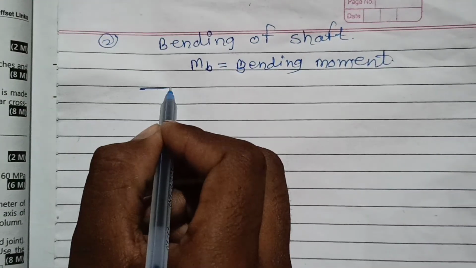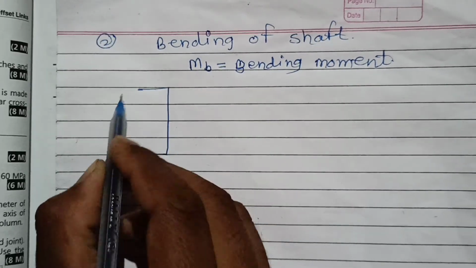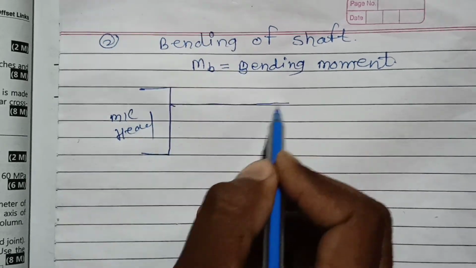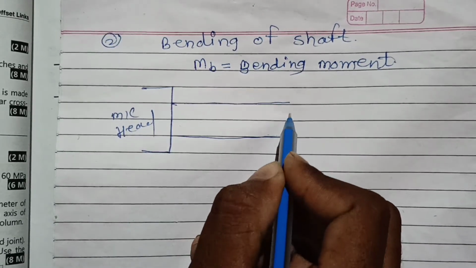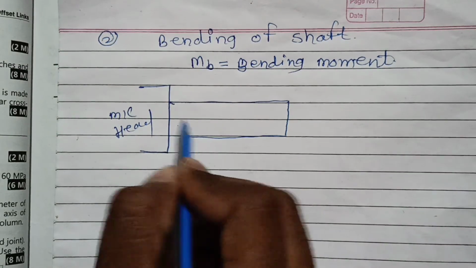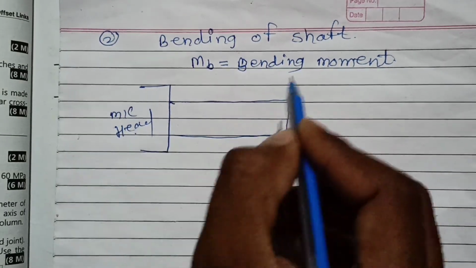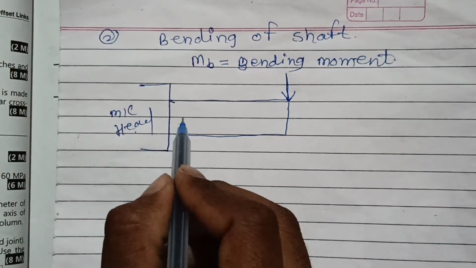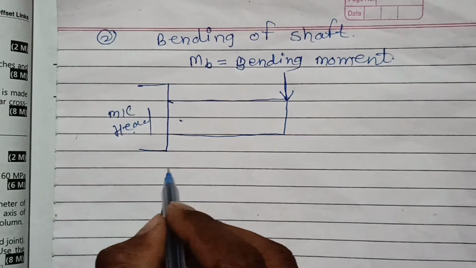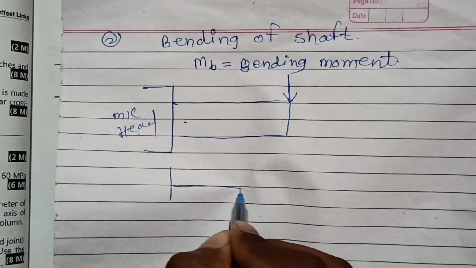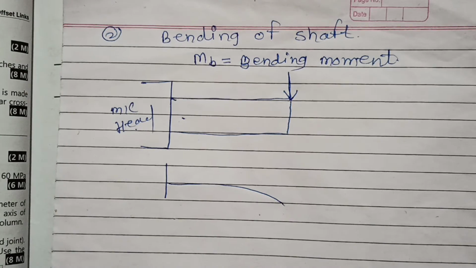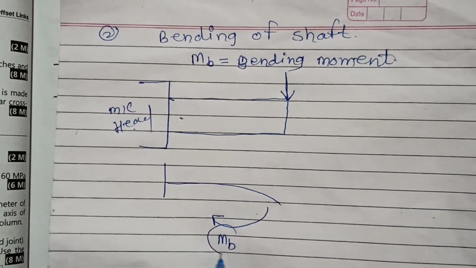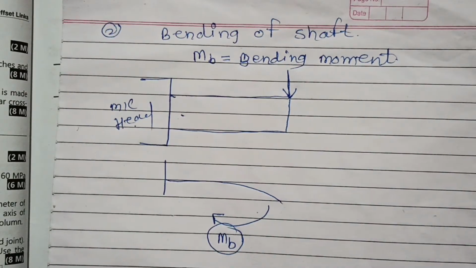Now once again I will repeat this. This is the machine head, and this shaft is mounted on the machine head. Here I am applying the load. Due to this load, this shaft is bent in this manner, and due to this bending, moment MB is created in this shaft.